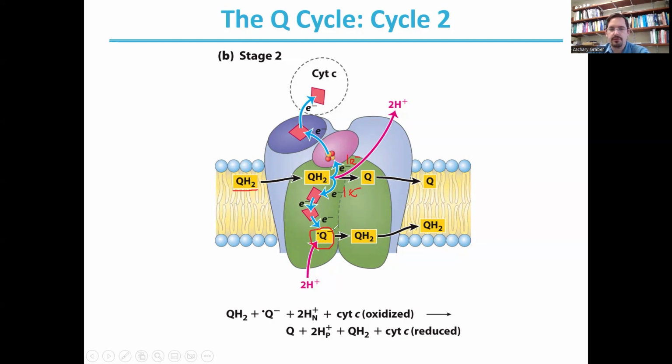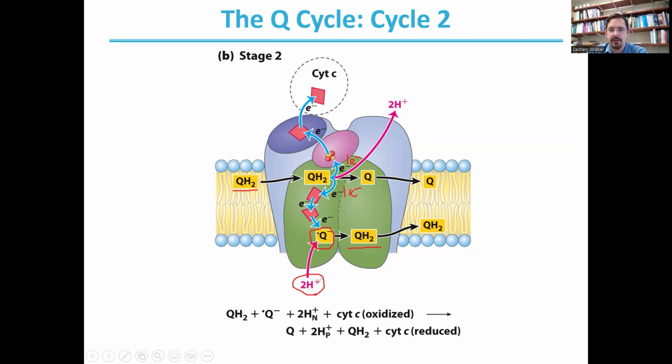So this electron will go to our partially oxidized, partially reduced coenzyme Q, to now fully reduce it to ubiquinol. So we're going to take 2 protons from the matrix side to add to that partially reduced, partially oxidized coenzyme Q.